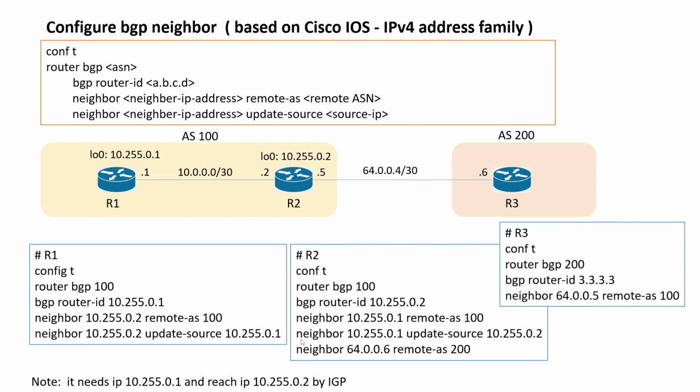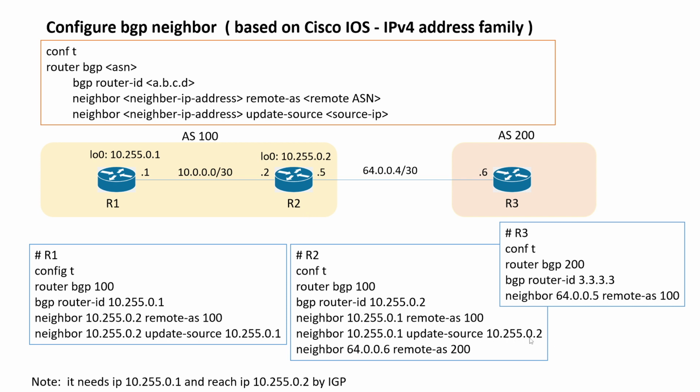Next is an important one for this scenario. You do neighbor 10.255.0.1 update-source with R2's own loopback, 10.255.0.2. That means when R2 sends the open message to R1, R1 will check R2's packet source address.